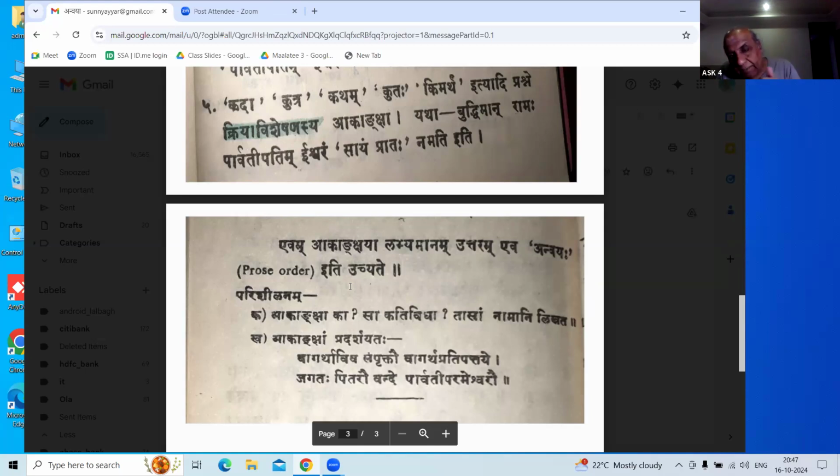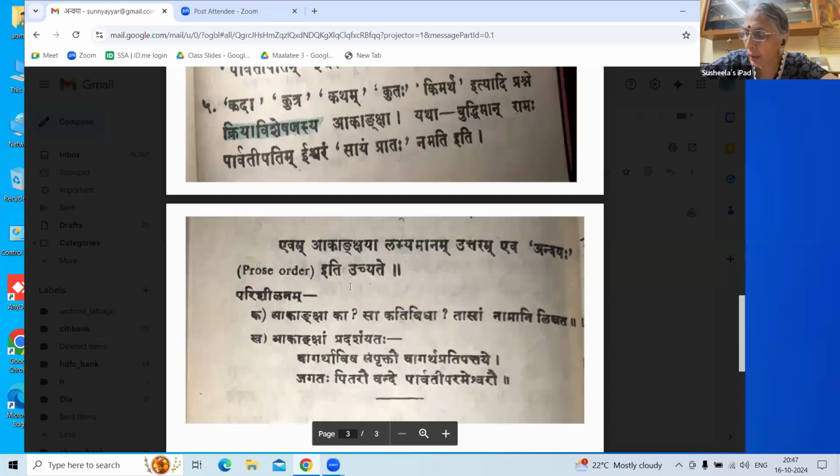Iva is the comparison avyaya, so you have to use the word Iva. Vagartha Iva should be there. So Yatha Vagartha Iva Samprktau Vagartha Pratipattaye Tatha Jagatah Pitarau Parvati Parameshwarau. Correct. Got it? Now please say the complete sentence very clearly.